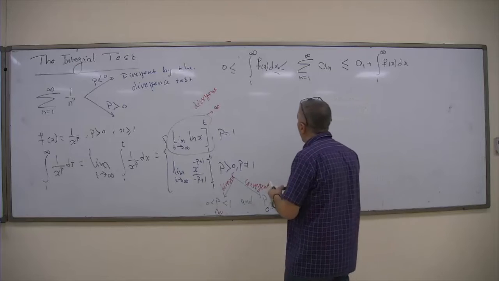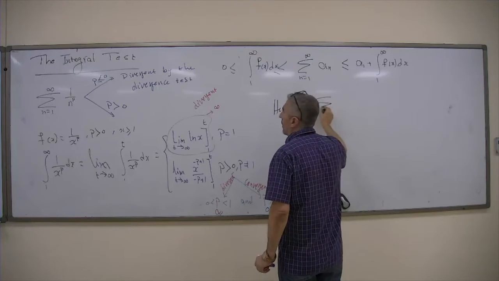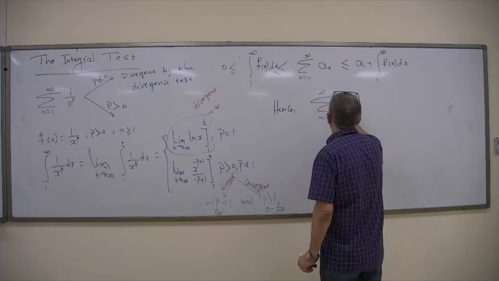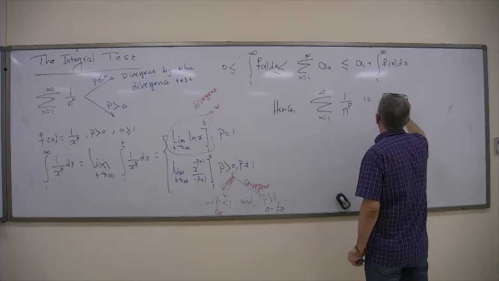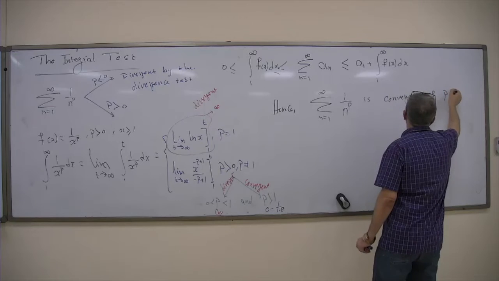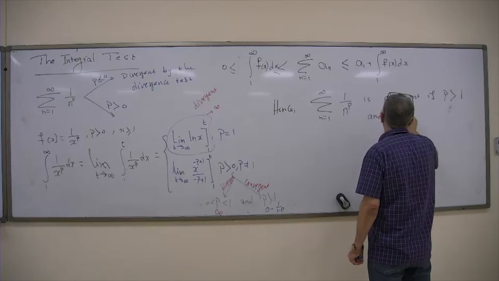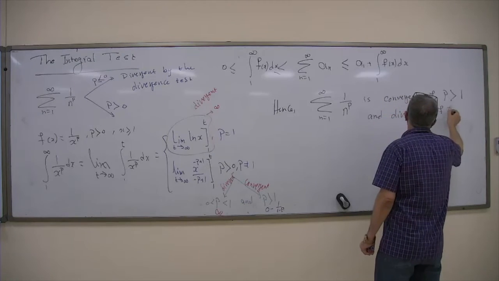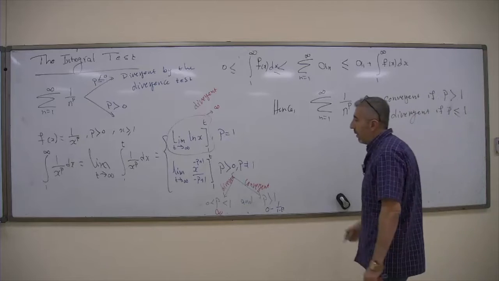Hence, the summation n from 1 to infinity of 1 over n to the power p is convergent if p is larger than 1 and divergent otherwise, that is, smaller than or equal to 1.